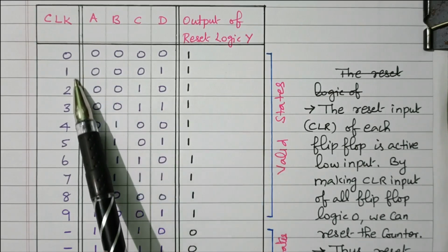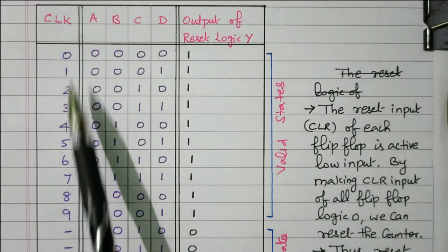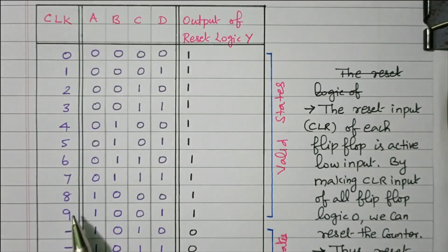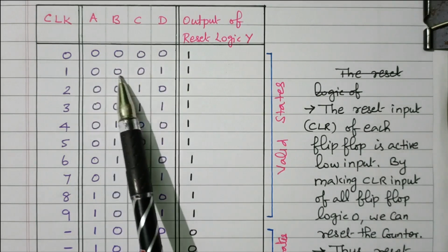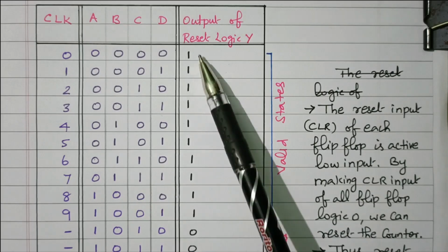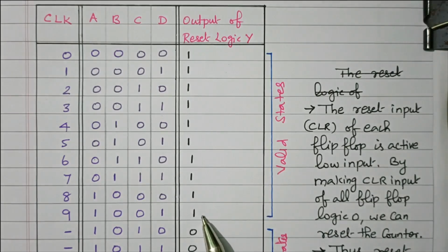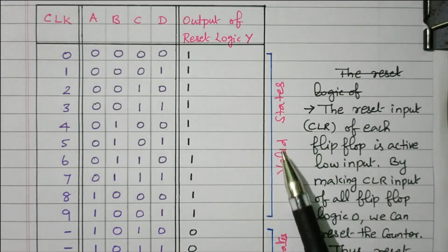So this is clock pulse 0, 1, 2, up to 9. So 0 to 9, 10 combinations are available. The 4 digits go 0 0 0 0, 0 0 0 1, 0 0 1 0, like that, up to 9, and we need the output. These are called valid states, 0 to 9, 10 combinations.